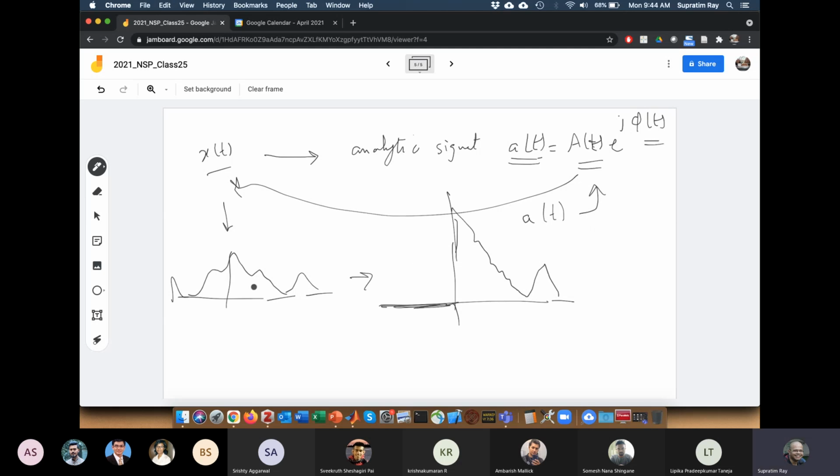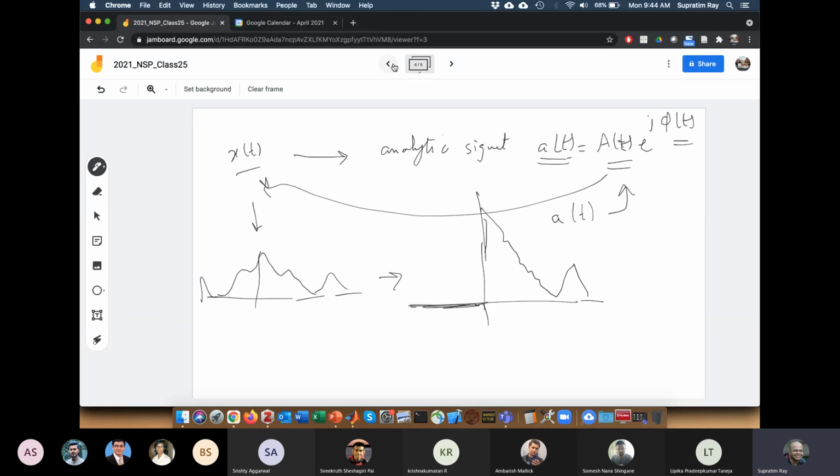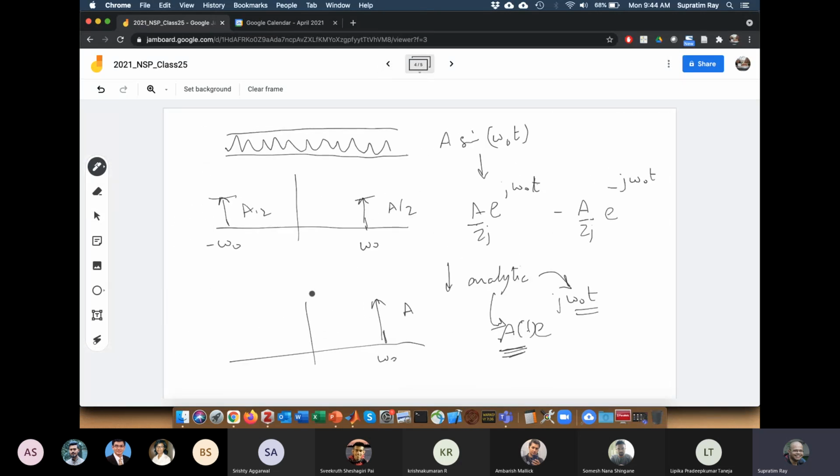And then the instantaneous amplitude is defined as the amplitude of the analytic signal, and the instantaneous phase is defined like this. This is the definition. And the reason why this works is because of what I told you here, that it works perfectly for a sinusoid. You put this back here, and you get this as A e to the j omega t. So you get the constant amplitude and the linear phase.